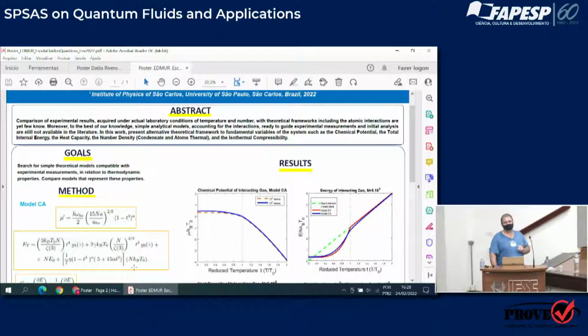Só que quando você trabalha com o modelo de Hartree-Fock, o potencial químico deixa de ser contínuo, comparado com o da década de 60. Agora nós conseguimos, usando o modelo de Hartree-Fock, corrigir a descontinuidade do potencial químico, voltando a ser contínuo, porém com um modelo mais simples. Inclusive, possível de ser utilizado em laboratório.